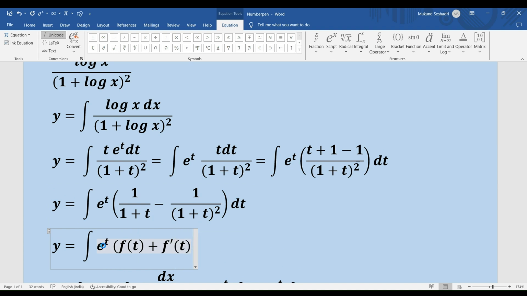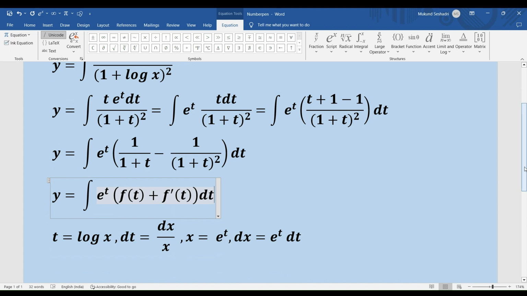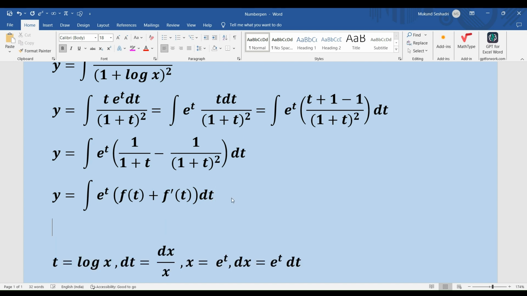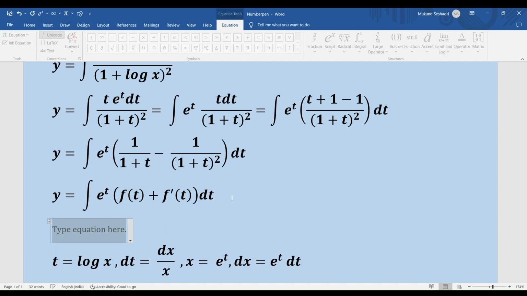Okay, so we have e to the power t times f of t plus f dash of t dt, right? So the key here is reducing this particular expression what we started off with, right? Log x divided by 1 plus log x the whole square to a format e to the power t times f of t plus f dash of t dt, right? Which makes it a lot more simpler for us to arrive at what is our y.